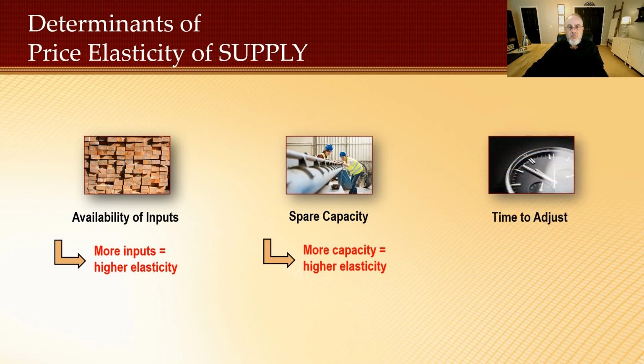And then again, as with demand, how much time do I have? If it's something that people are going to start buying tomorrow morning, that's going to be tough. But if it's something people are going to buy in the summer and it's January, then the more time I have, the higher my supply elasticity can be.